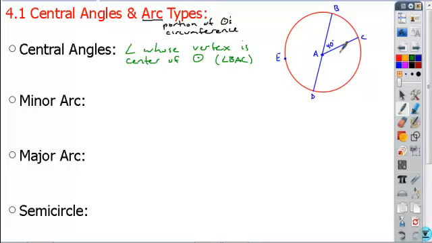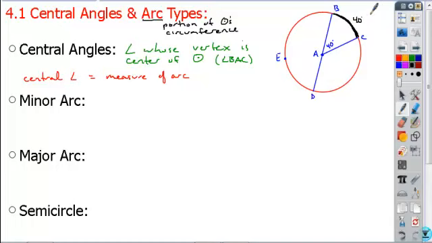The relationship that exists between arc measures and central angles is that the central angle is equal to the measure of an arc. So what this means is when you look at angle BAC, this arc BC has the exact same measure. So arc BC is also going to be 40 degrees.